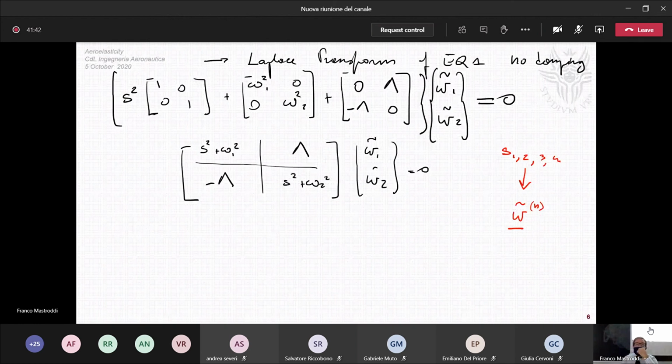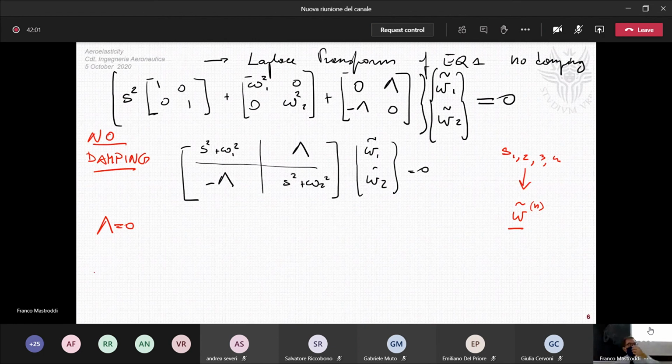Okay? First simple problem. What happens with no aerodynamics? And we are talking about the no damping case. Okay, what happens for lambda equal to 0? Lambda equal to 0 means no dynamic pressure, no piston theory, only structures.